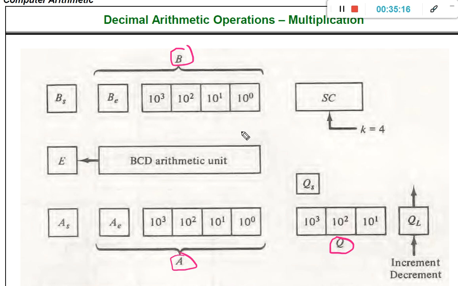However, because we are using decimal numbers, we need to have the place value. From childhood onwards, we know the place values are ones, tens, hundreds, thousands.